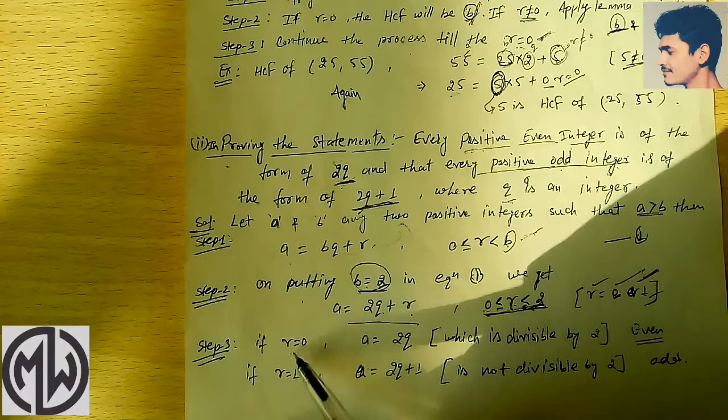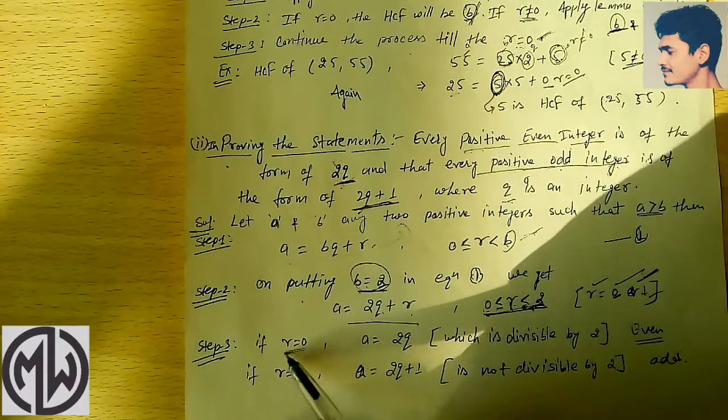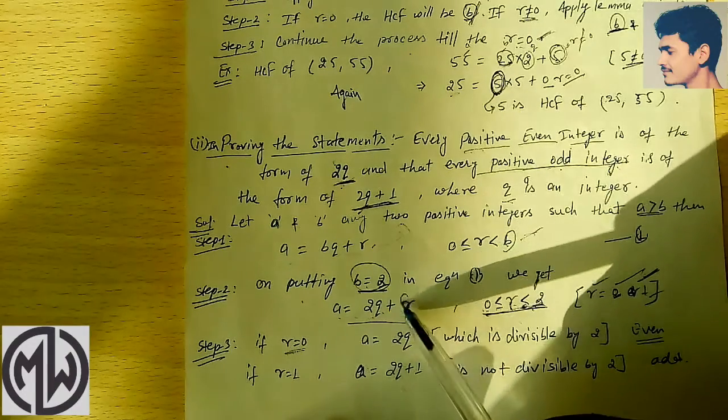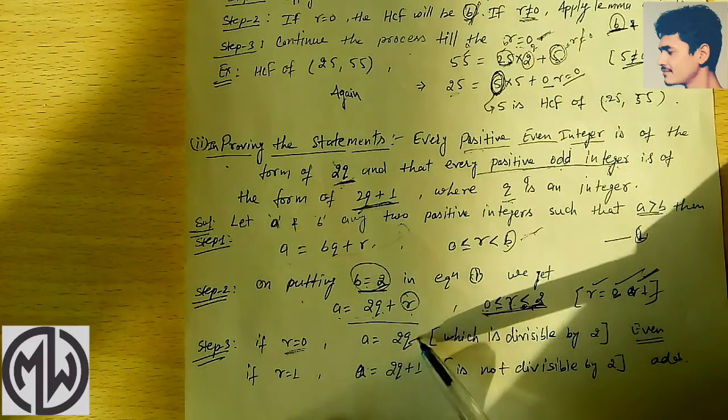Alright, so first we substitute the first value r is equals to 0. If r is equals to 0, then a is equals to 2q.